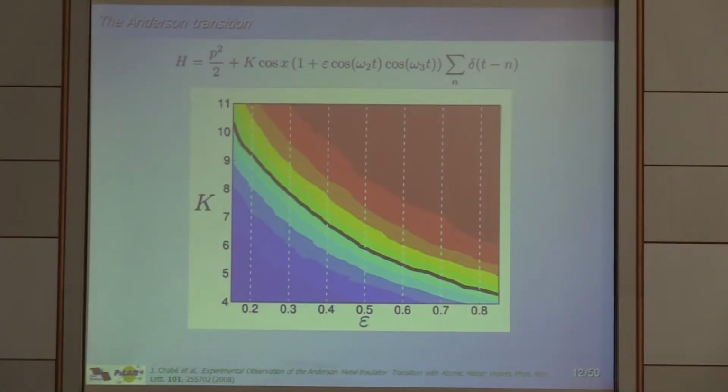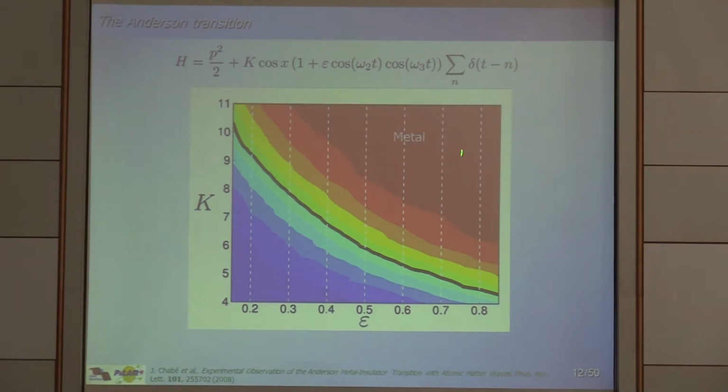This is the same figure Shuchun showed you. This is the parameter space of this system with two parameters, K, the amplitude of the kicks, and epsilon, the amplitude of the temporal modulation, okay? The black line is the point where the transition occurs.